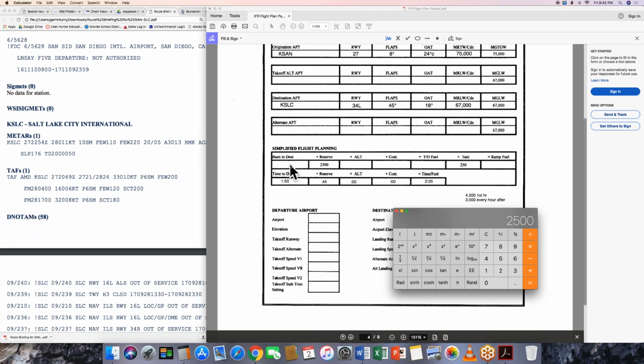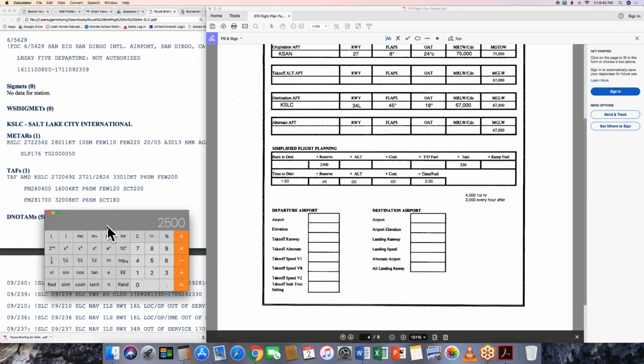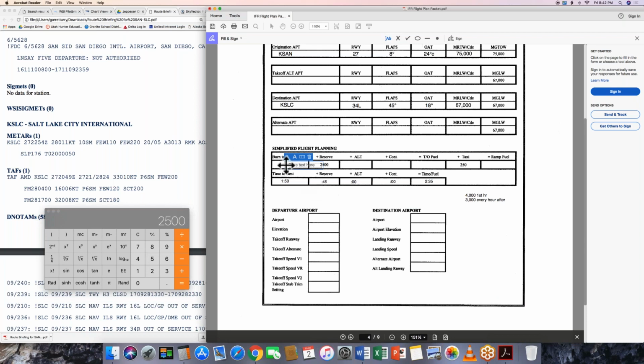That's 2,500 pounds for the 50 minutes remaining. So we take that 2,500 pounds and add it to our 4,000 pounds. That gives us 6,500 pounds.